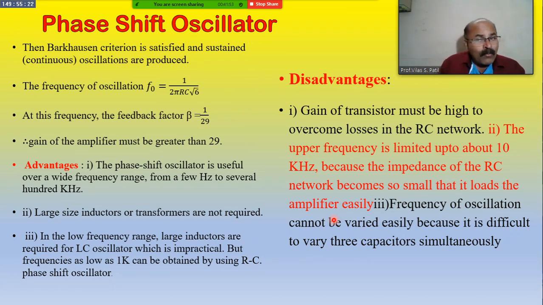If I want to fabricate the phase shift oscillator with variable frequency, that task becomes even more complicated, because keeping the values of three resistances and three capacitors the same at the same time is very difficult.